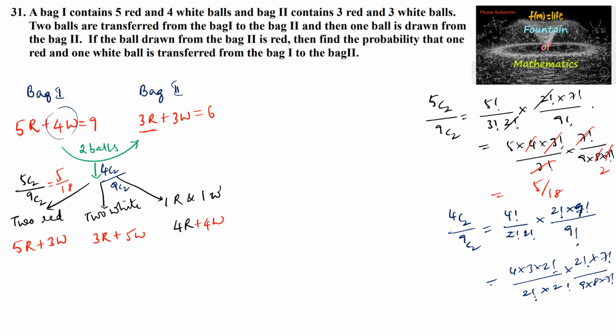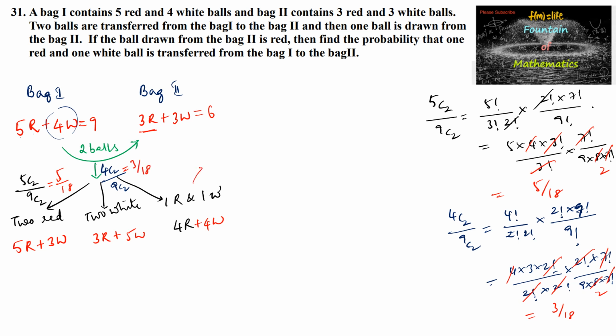So we can cancel 2 factorial and 2 factorial, and again 7 factorial, and 4 ones are 4, 2 times. So we have 3 by 18. So the probability is 3 by 18 when 2 white balls are transferred.